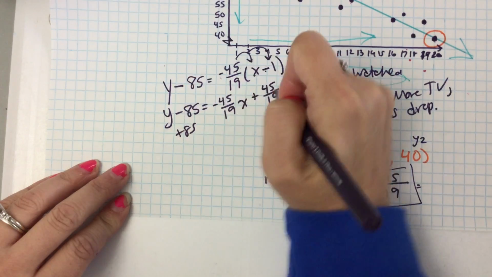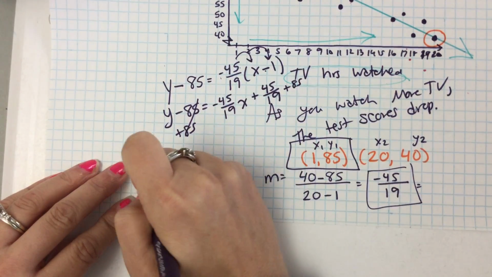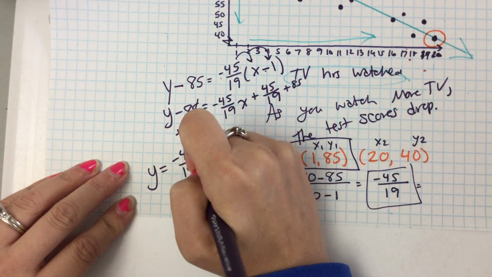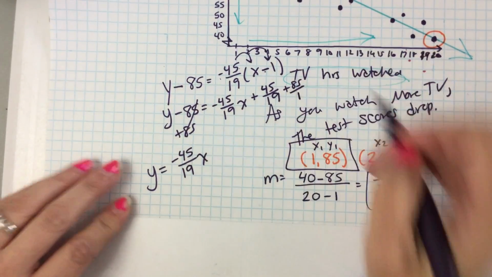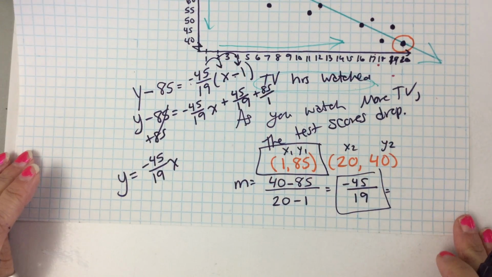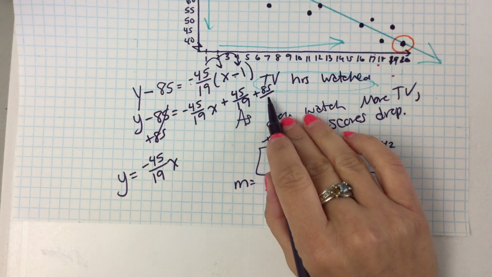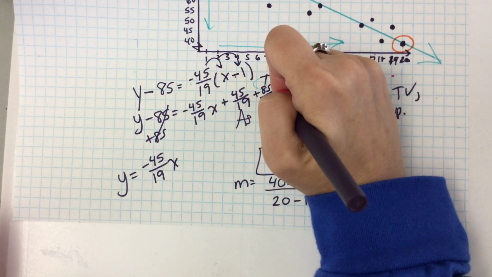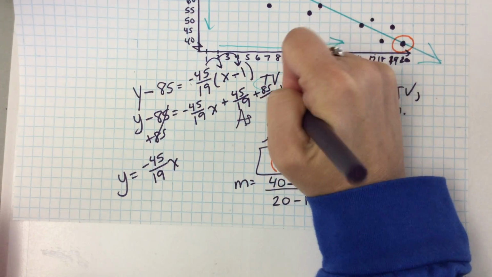Last step, I need to add 85 over to the other side. So y equals negative 45 over 19x. When you add fractions, you have to have a common denominator. So 85, I needed to have a common denominator of 19. Now again, these numbers are not necessarily going to be the friendliest because you drew your own line.